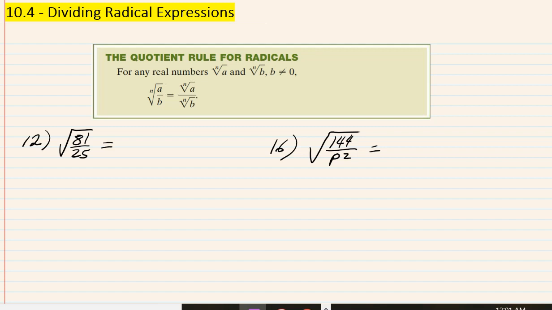So if you were to do this, let's say in the first section of chapter 10, when we defined the square roots, we're going to say, okay, well, I'm looking for two fractions whose product is going to be 81/25. So that's going to be 9/5 times 9/5, right? So the answer is 9/5. That's how we did it in section 10.1.